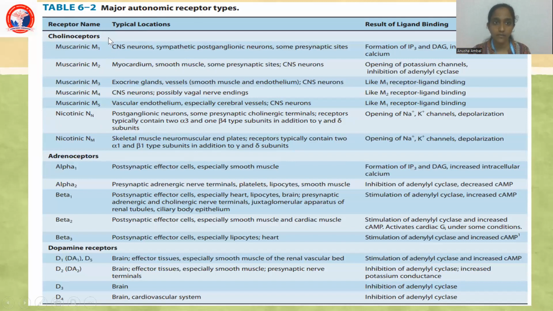Muscarinic, we have M1 till M4. In nicotinic, we have N1 and NM receptors. Under sympathetic, we have alpha and beta receptors. In alpha, we have alpha 1 and alpha 2. In beta, we have beta 1, beta 2, and beta 3 receptors. The major receptors alone you should keep in mind.